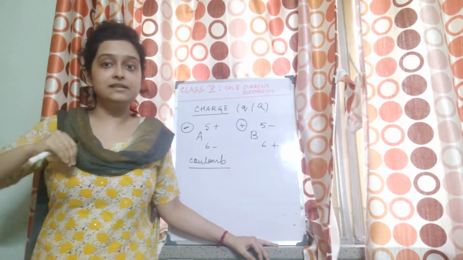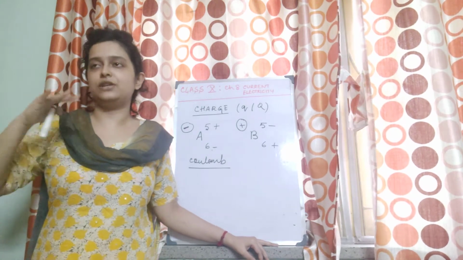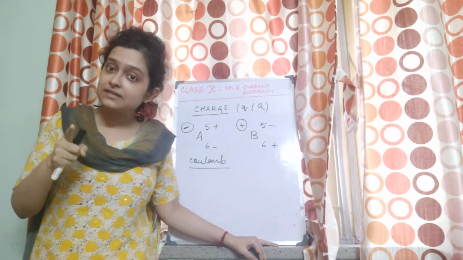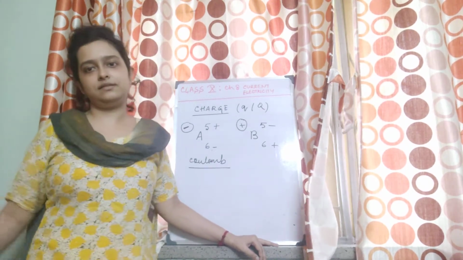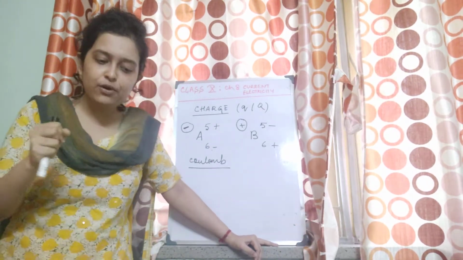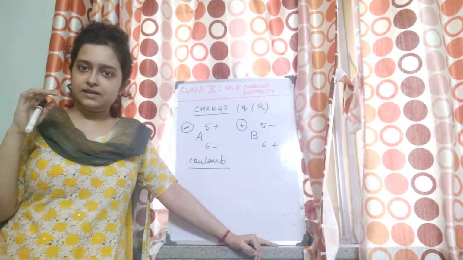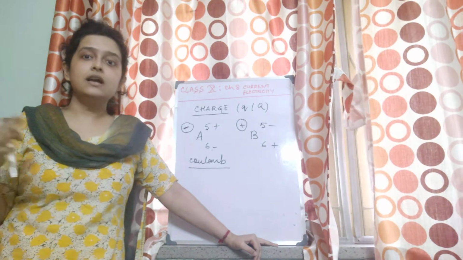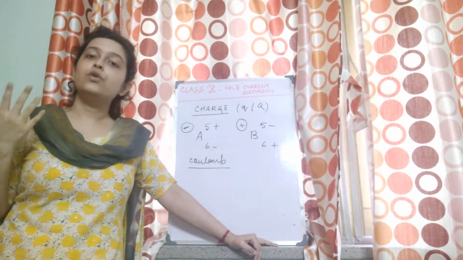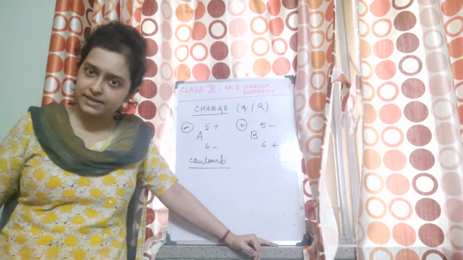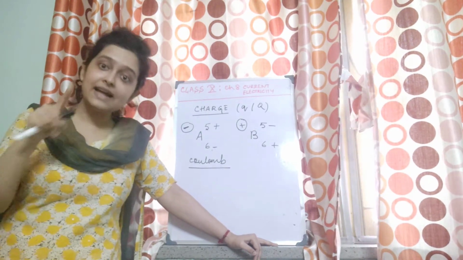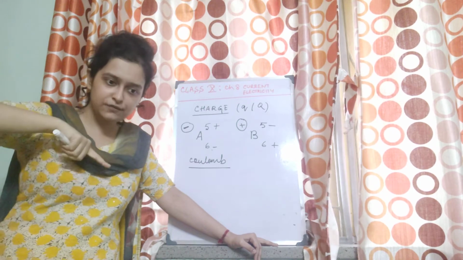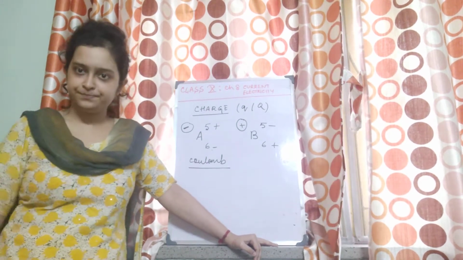Which type of substance will exhibit this static charge phenomenon? The substances which are insulators. Because if you have charges in the conductors, then what will happen? Conductors allow the flow of charges through them. So at that time, charges will be flowing from one part of the conductor to another part.